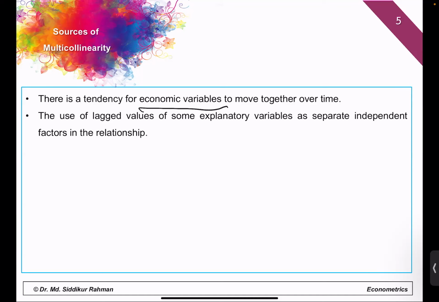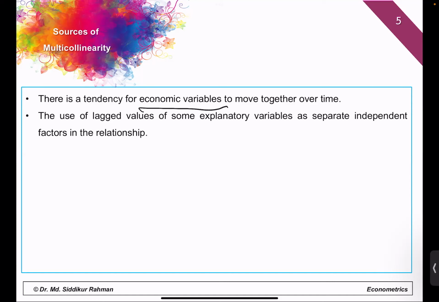So lagged value means, suppose, can you hear me? Yes, sir. Suppose you have income today, and what was your income yesterday? There was a definite income, isn't it? You had an income yesterday, of course, or the day before yesterday, or last month.